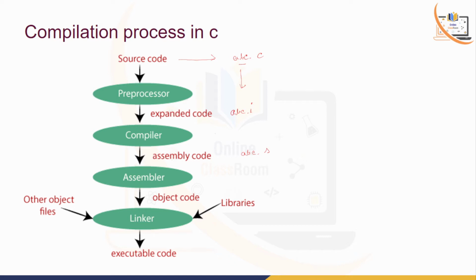Now from the compiler's output, we have abc.s in hand, and this abc.s goes to the assembler, and the assembler converts abc.s into the object code. If you are using the Windows operating system, your extension will be .obj, and if you are using Linux or Unix, your extension will be .o.